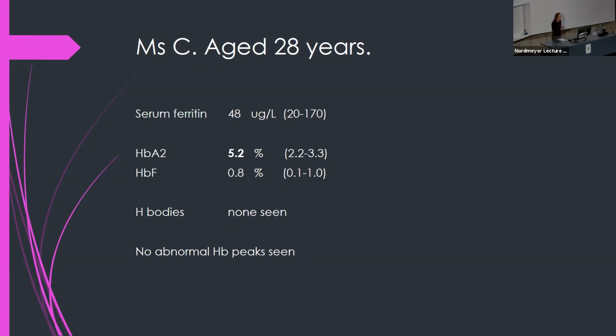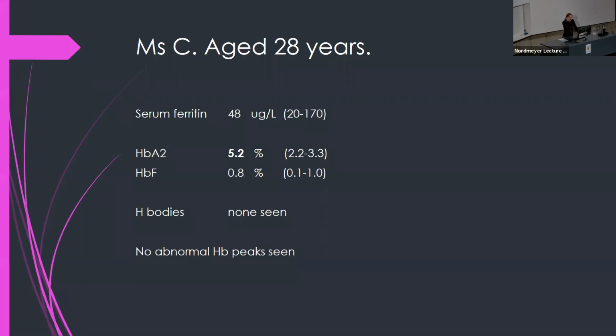This hemoglobinopathy screen, already with the raised A2 and a normal or a raised hemoglobin F, is suggesting a beta thalassemia trait. And the H bodies, I don't know if you remember what H bodies are, but they are beta globin, sort of beta 4.